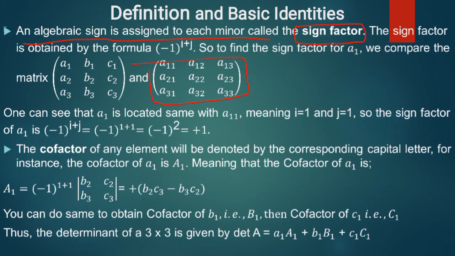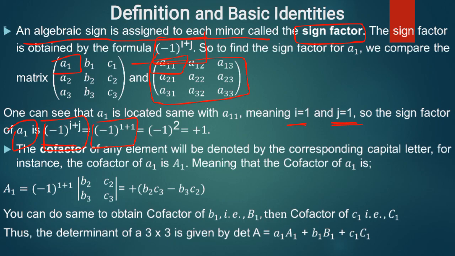Now, for instance, we want to find the sign factor for the location at A1. If I compare A1 with this standard way of writing it, it means A1 is actually supposed to be written as A11, meaning that my i is 1 and my j is 1. So if I substitute it in the factor formula, minus 1 raised to the power i plus j, remembering that i is 1 and j is 1, that's how I got minus 1 raised to the power 1 plus 1.